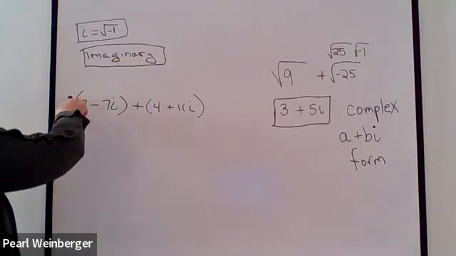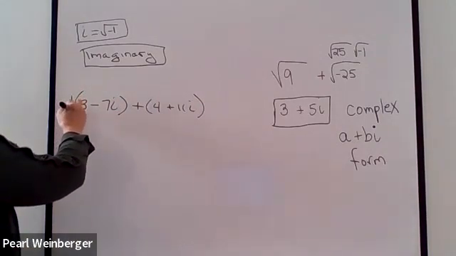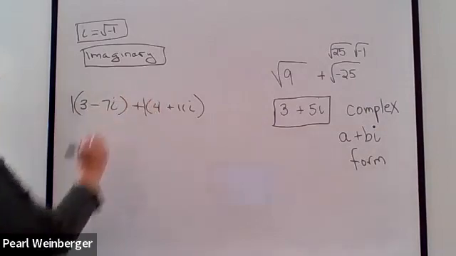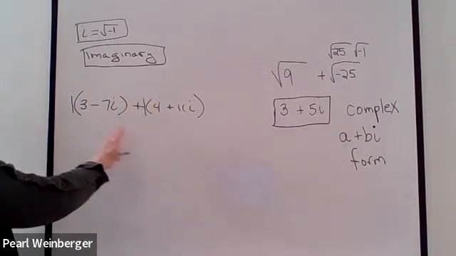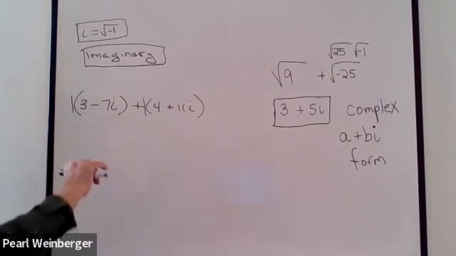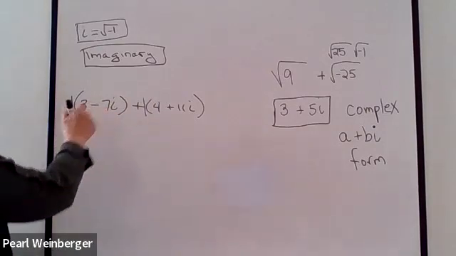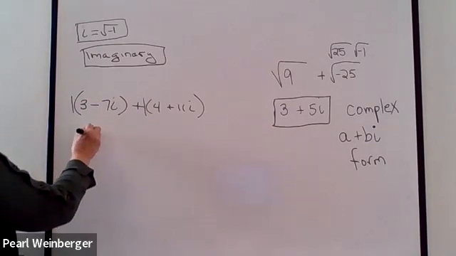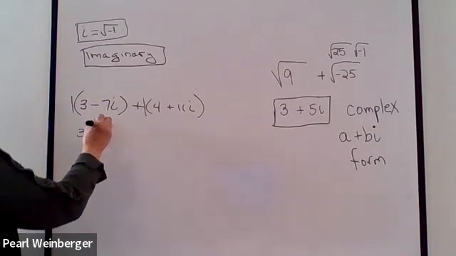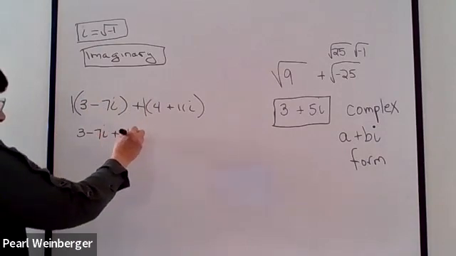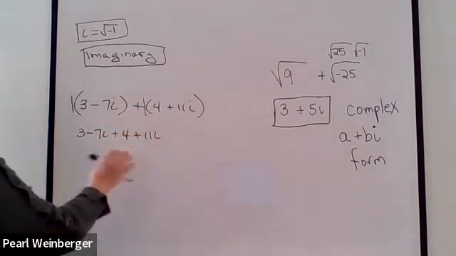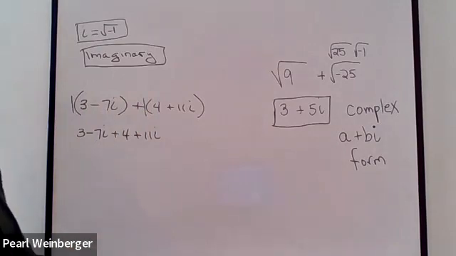First of all, it's as if there's a plain regular 1 in front of each of them. We're going to remove those parentheses. Remember, if there's nothing in front of the parentheses, it's as if there's a 1 there. So multiplying this by 1 just leaves me 3 minus 7i. Multiplying this by 1 gives me 4 plus 11i. In other words, you could have just removed those parentheses. The only time you have to be really careful is if there's a minus in front of them.